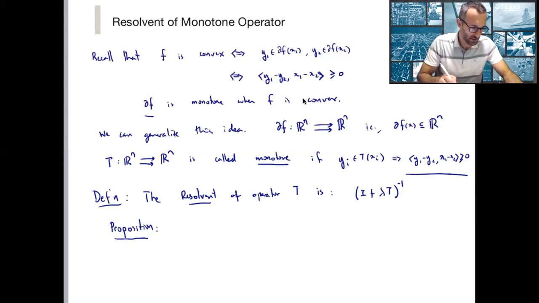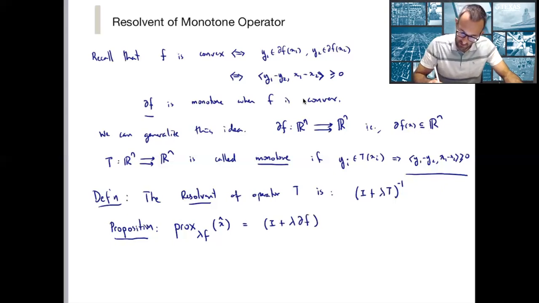So the proposition says that if I plug in the subdifferential for T, this is exactly the prox operator. Prox lambda f of some point x hat is exactly equal to the resolvent, where I'm using f here, at x hat.